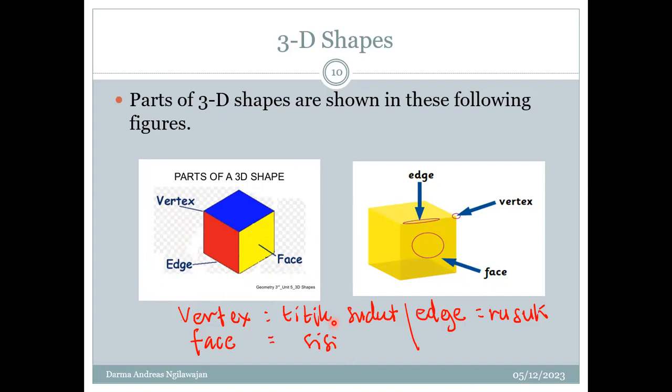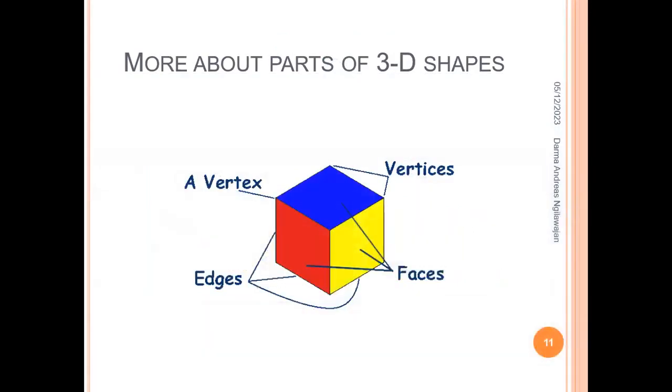Now we continue to the next slide. Okay, you can see more explanation. The previous one is about the singular. So the second one, if we talk about plural, ya, jamak.